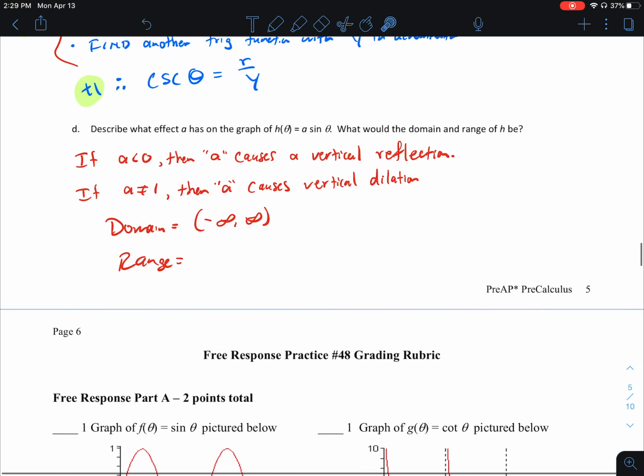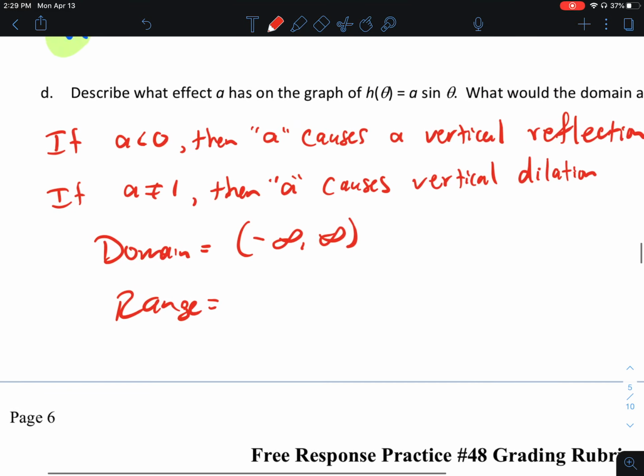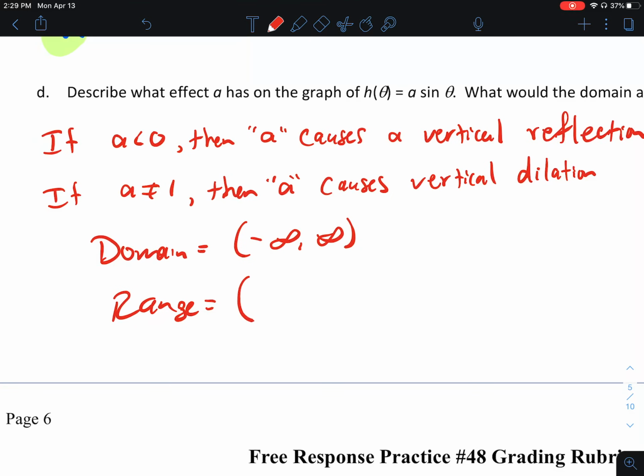So the point that I want to make here is this is going to affect the range. And if we take the absolute value of A, because it could be positive or negative, followed by the absolute value of A, if we leave it like this, we're saying this is the same number. Doesn't make sense. So we want to go range small to big. So we're going to change the sign of this first one.